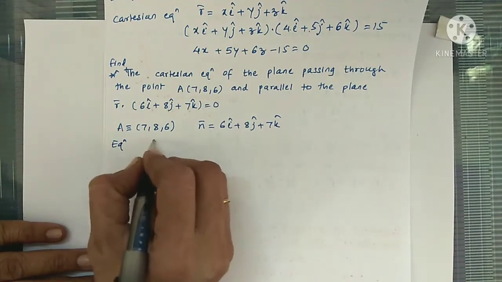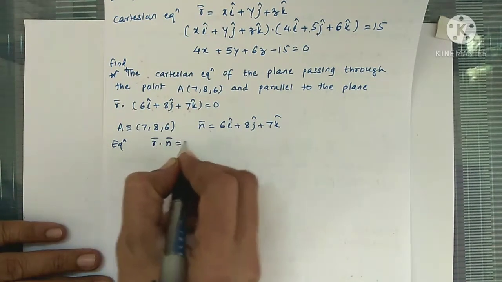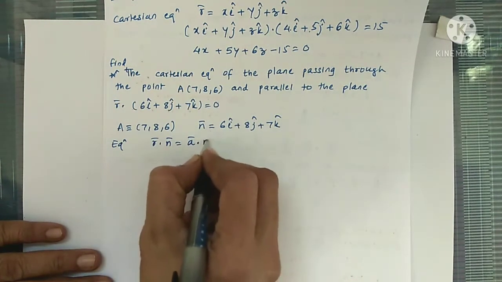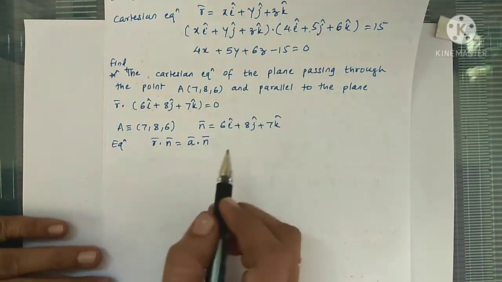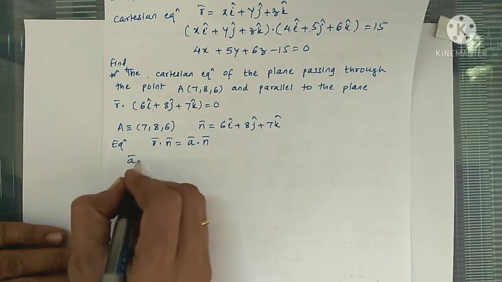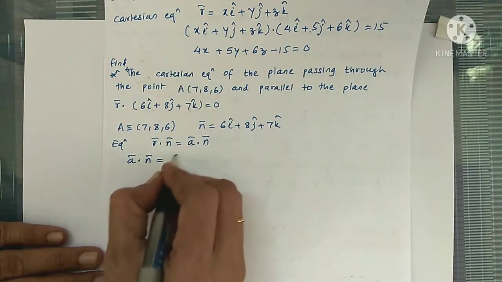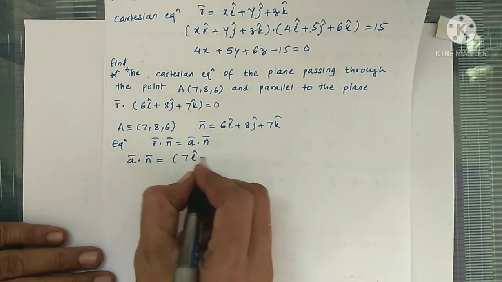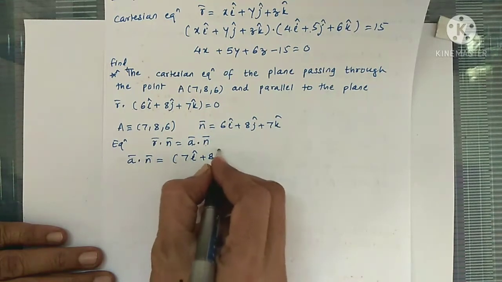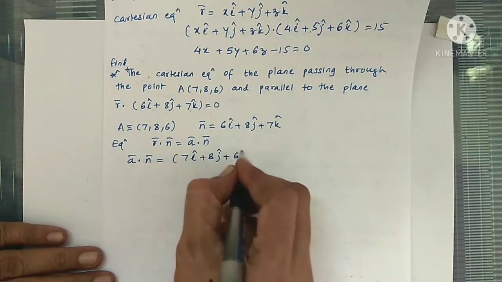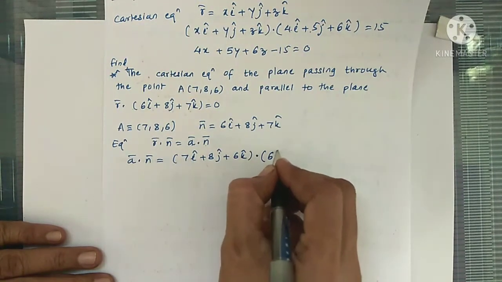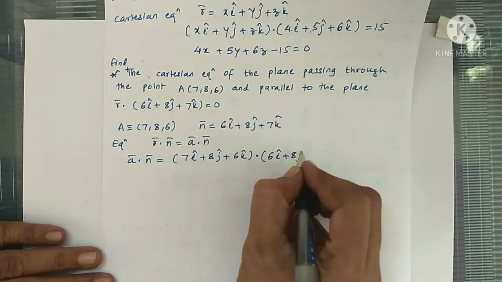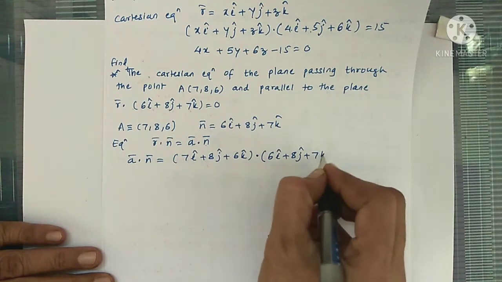The equation in vector form is r bar dot n bar is equal to a bar dot n bar. So what we have to do is find the value of a bar dot n bar. So a bar dot n bar, a bar is 7i cap plus 8j cap plus 6k cap dot, now n bar is 6i cap plus 8j cap plus 7k cap.